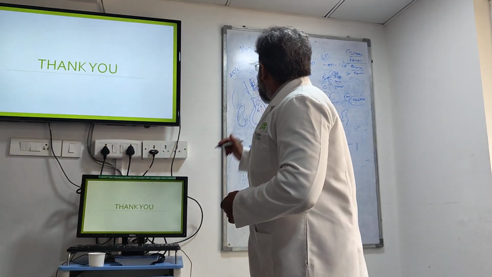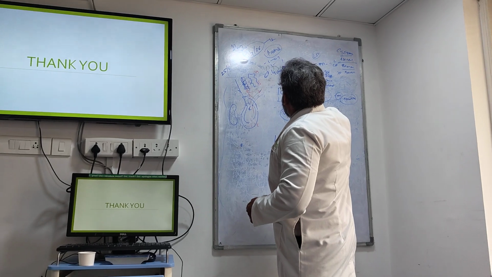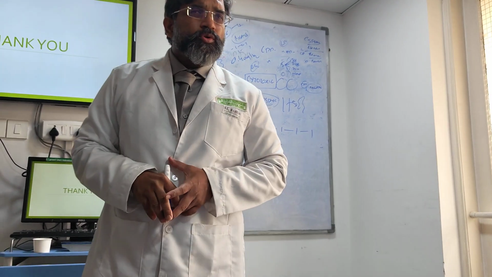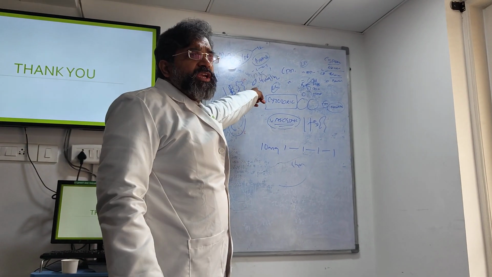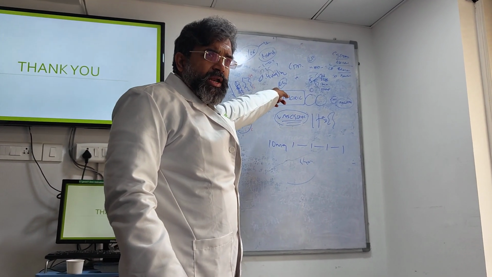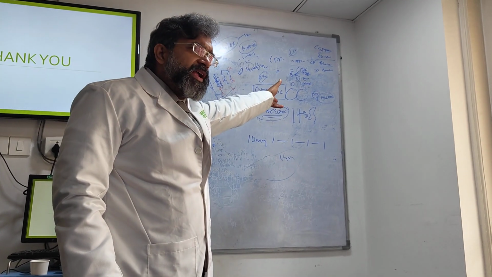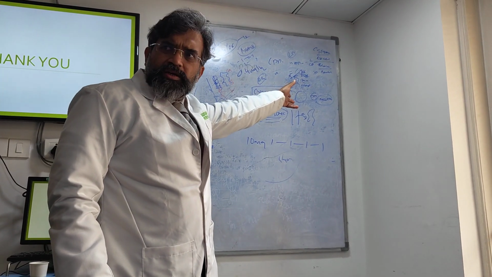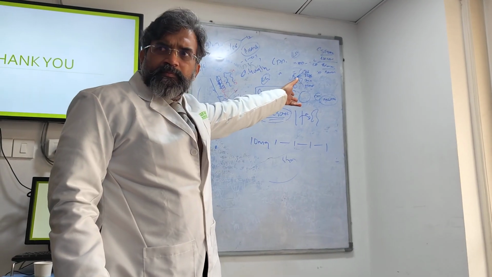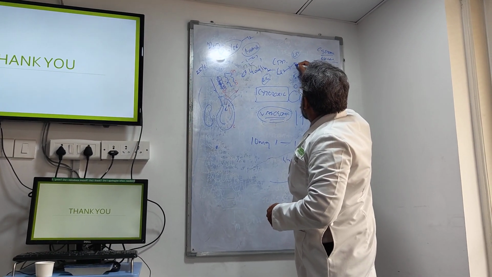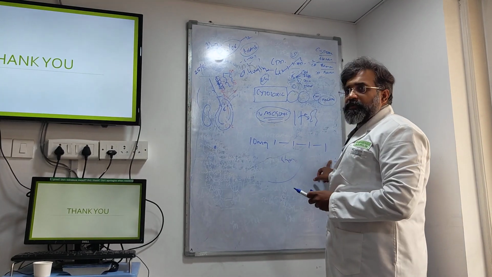In TB, the dose was 0.4 milligram per kilogram, which means for a 60 kilo patient the dose will be 24 milligrams. So it may be 8 three times in a day, or 6 four times in a day. For TB, it will be 6 four times in a day, whereas here it is 10 four times in a day.